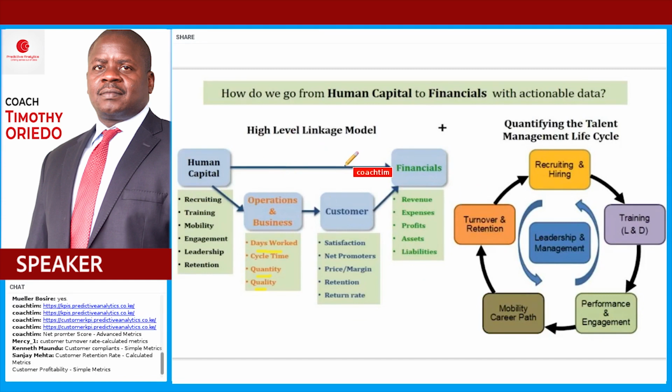So these linkages are the key data points that you measure. When you put this in an analytic funnel and combine it with, for example, recruitment and hiring, training and learning and development, performance and engagement, mobility, career path, you start to see how you can quantify the talent management life cycle.